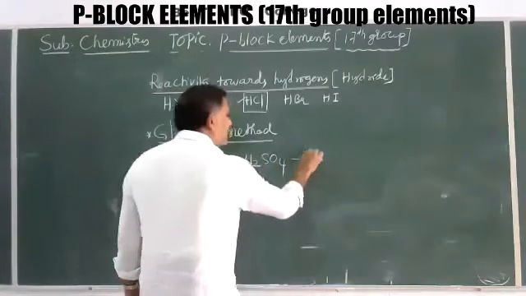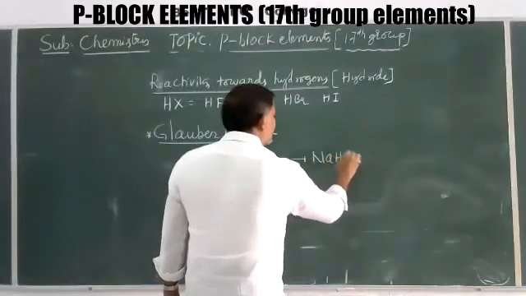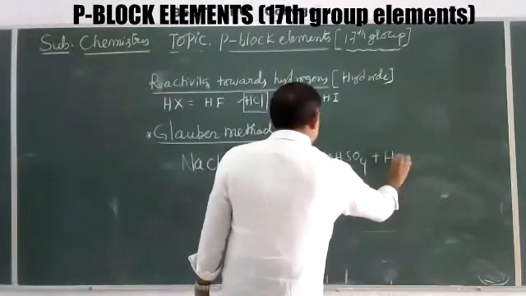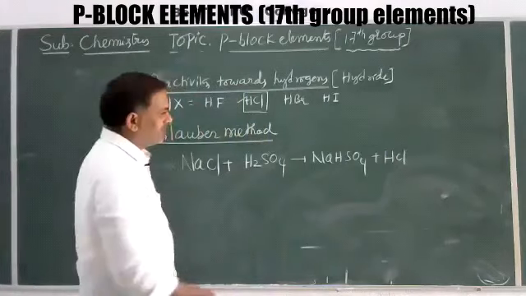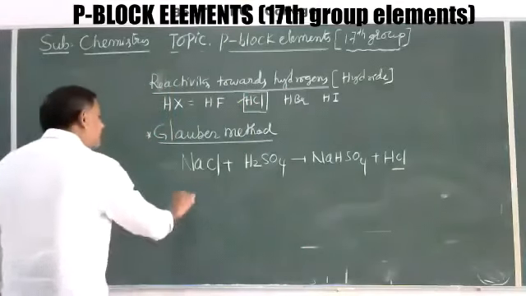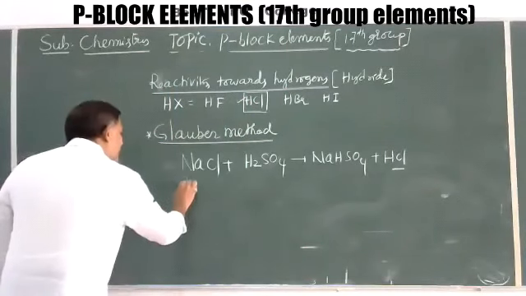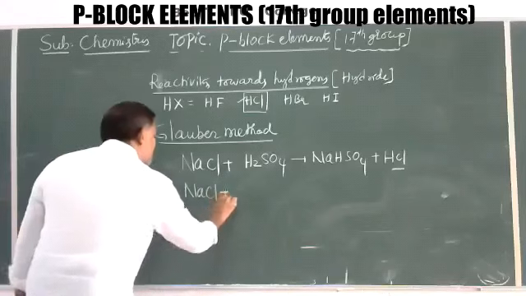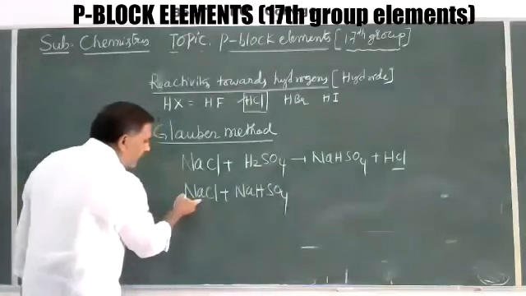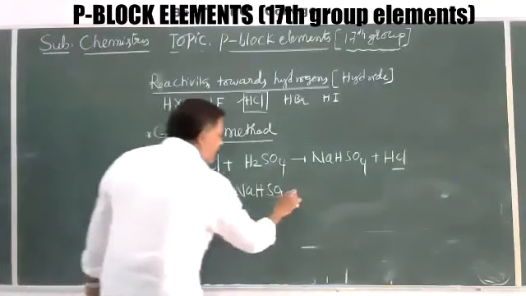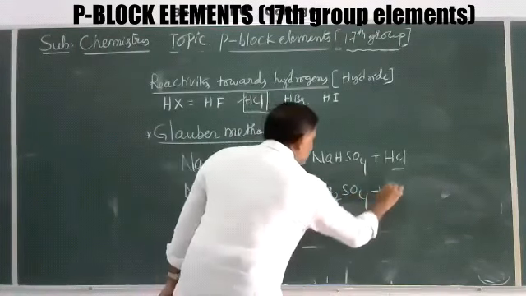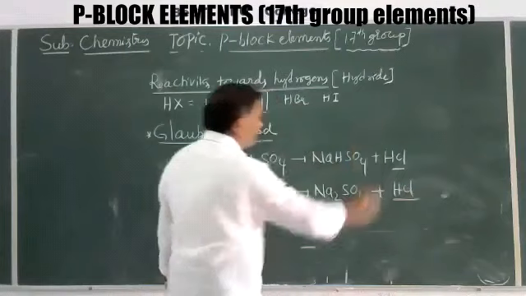It gives sodium hydrogen sulfate plus HCl, formed in the vapor phase. Again, the obtained NaHSO4, sodium bisulfate, reacts with more NaCl, giving Na2SO4 plus HCl.